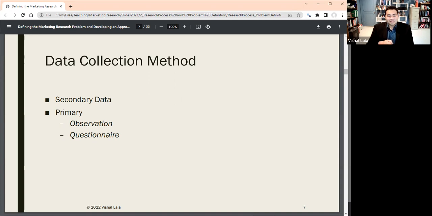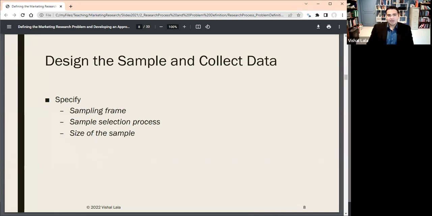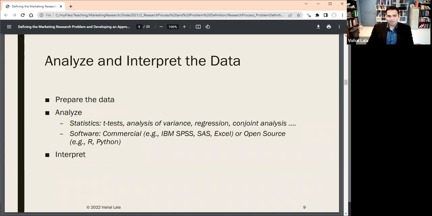The data collection itself may involve either primary data gathering or secondary data gathering. Frequently, we rely on a subset of the population for gathering data. This is called a sample. And the next step then involves defining or outlining the nature of the sample, and then going ahead and gathering data.